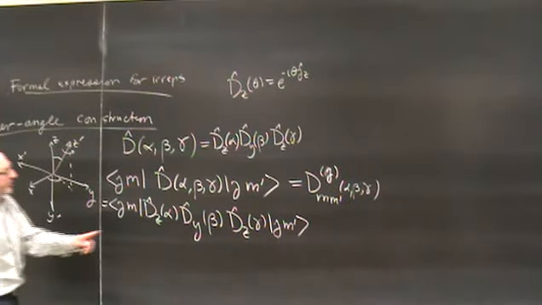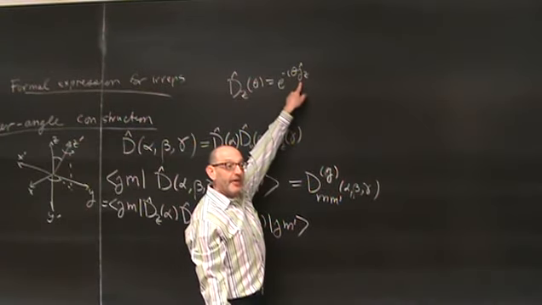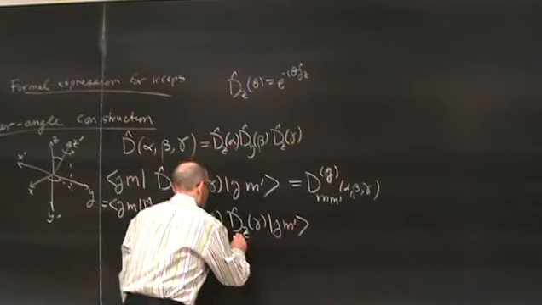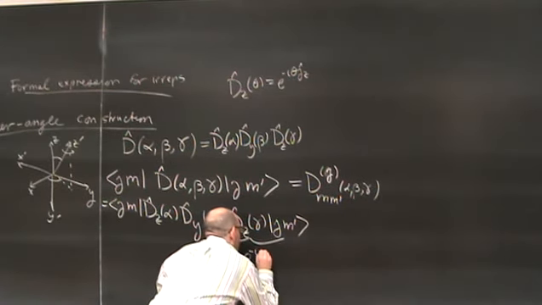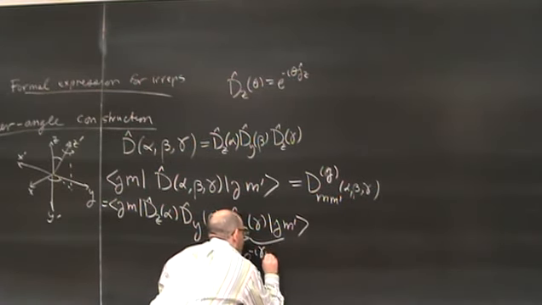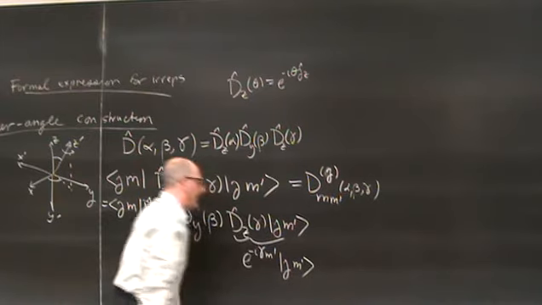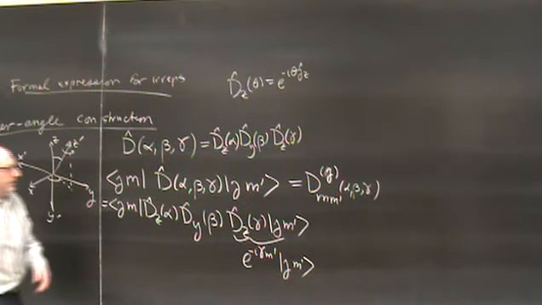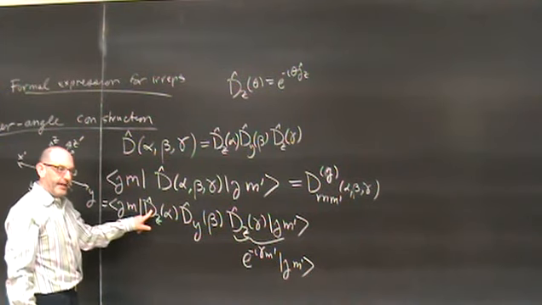And so when I act this on this, it gets replaced by the eigenvalue m prime, so this is e to the minus I gamma times m prime. It's an eigenvector, is that clear?